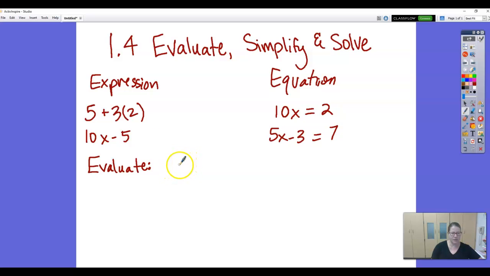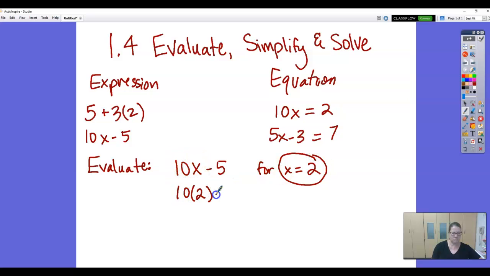So for example, if I have 10x minus 5 as my expression, and it tells me for x equals 2, what it means to evaluate that is to take this x equals 2 and replace the x in the expression with 2, and then just finish simplifying. So 10 times 2 is 20, and 20 minus 5 equals 15. So we just evaluated this expression at x equals 2.